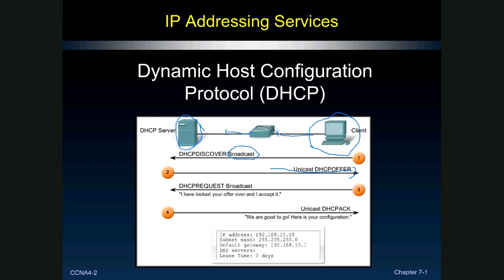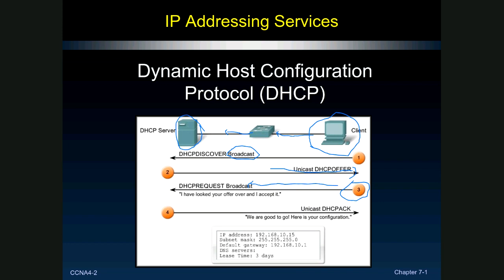Actually, let's say he heard two DHCP offers. He's going to pick one and say, I like your offer the best on that first DHCP server, and I accept it. And the other DHCP server never hears that request, and he says, well, he doesn't want me, then I'll let the other guy take care of him.